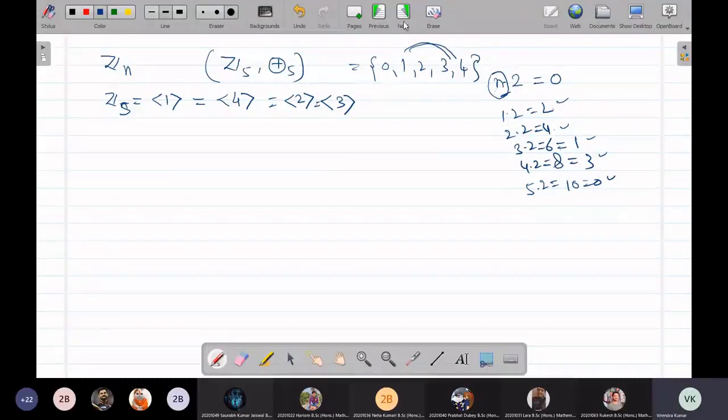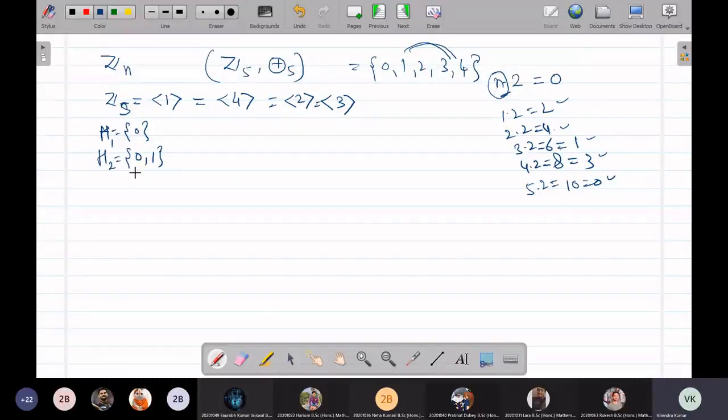Now we can talk about the subgroups of this one. 0 is essentially the trivial subgroup. Then for the second one, can we have 0 and 1?